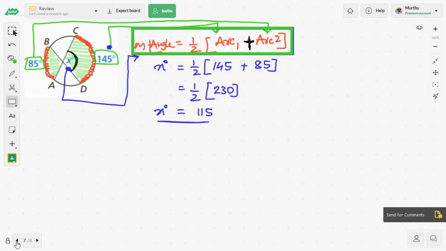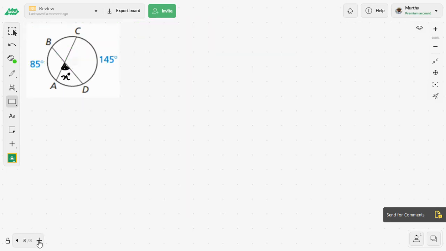Oh, it seems the same, but it is not, because this time you are asked to find the value of x. Slightly different, so I have to see which arcs are associated. Oh my gosh, these values are not given. What to do?